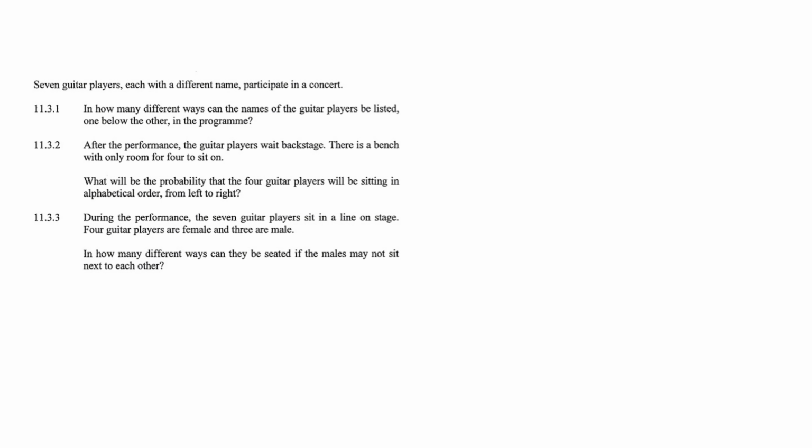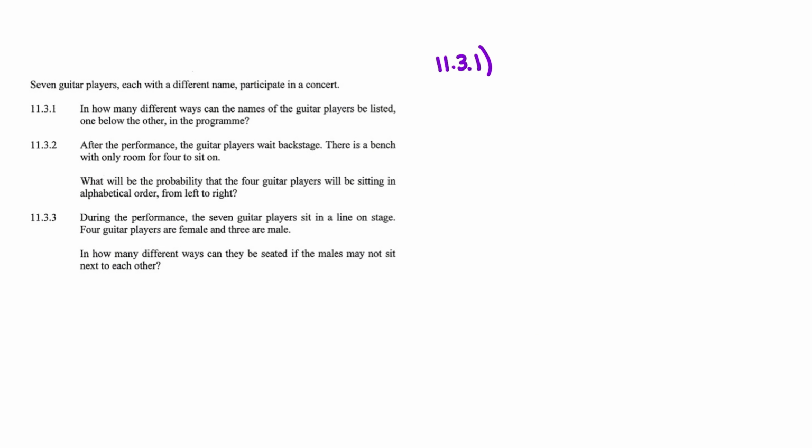11.3. 7 guitar players, each with a different name, participate in a concert. 11.3.1. In how many different ways can the names of the guitar players be listed, one below the other in the program? Obviously the names cannot be repeated, and I have 7 unique names.